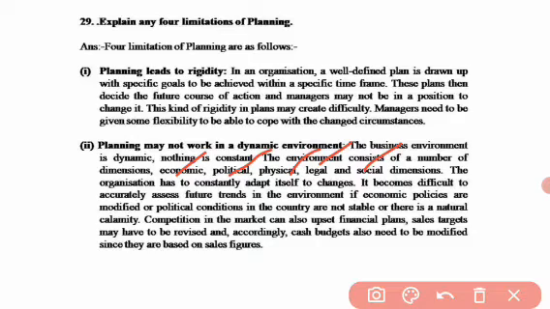In that situation, the activities cannot be done as per the plan, so it becomes difficult to accurately assess future trends in the environment. If the economic policies are modified or political conditions in the country are not stable, in that situation we can say planning may not work in a dynamic environment. So this is one of the limitations.